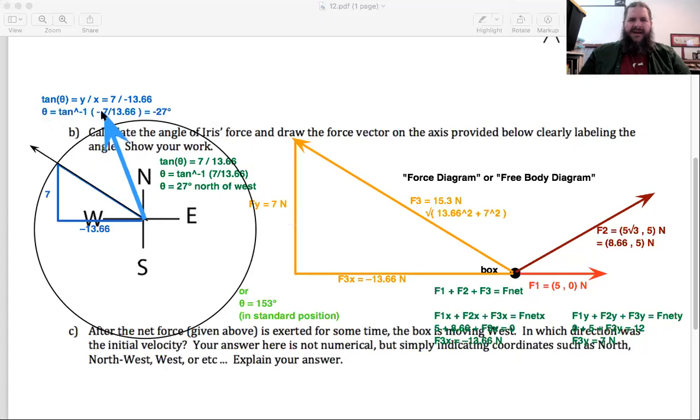So what would a negative angle mean? If the angle is negative, what would that suggest? What does it mean for an angle to be negative?